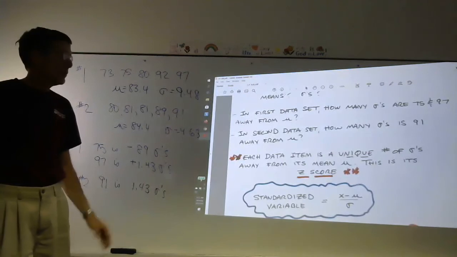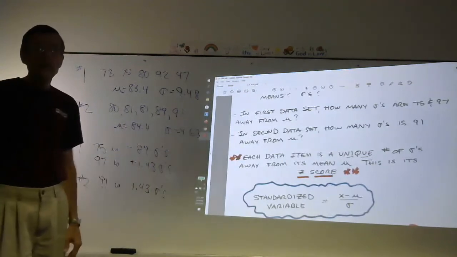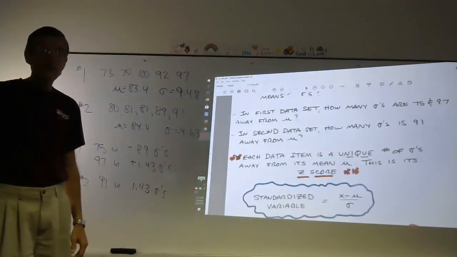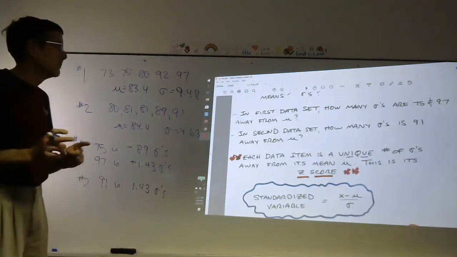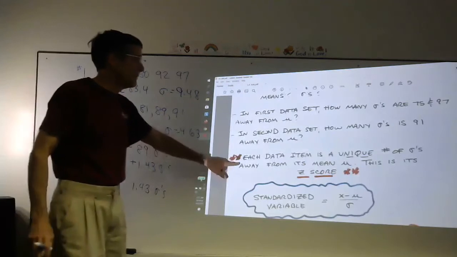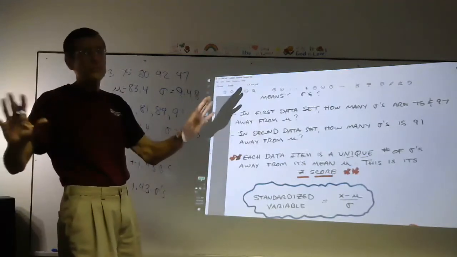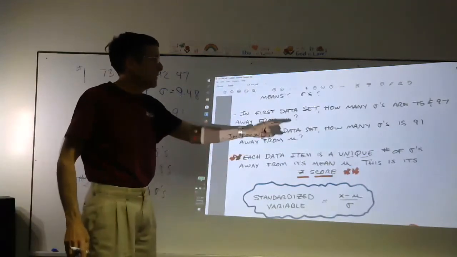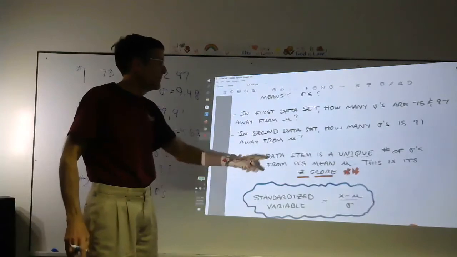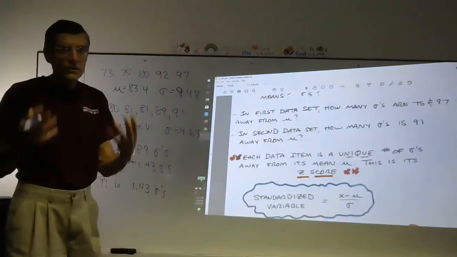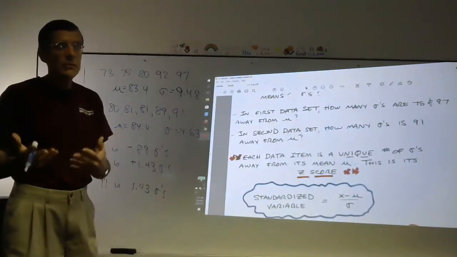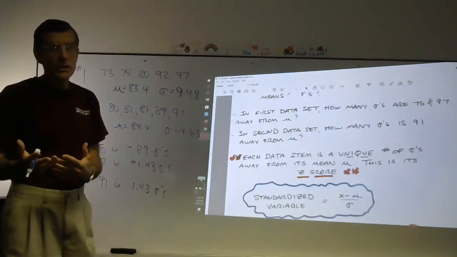All right? So it's a beautiful way of comparing sets of data by looking at how many standard deviations they are from the mean. And here we have it. I put stars on it. Each data item is a unique number of standard deviations away from its mean mu. This is the z-score. The z-score is simply telling you how many standard deviations it is from the mean.